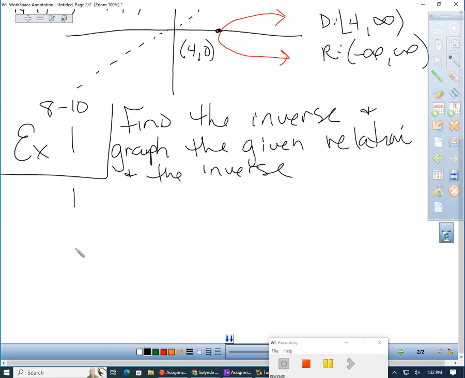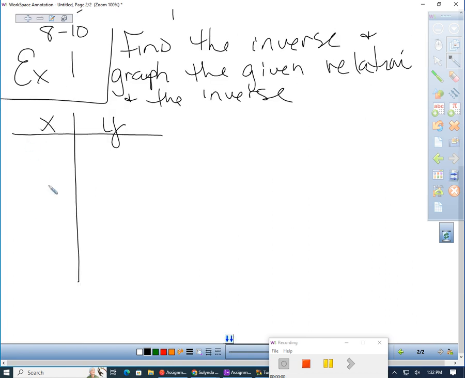All right, so you're going to be on the first couple. They're going to give you a table. Here's x, here's y. Let's say, let's go 3, 2, negative 4, 5, negative 1, 7, and 2, negative 3.